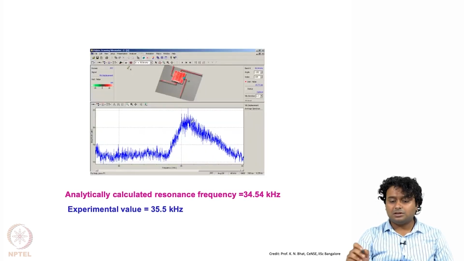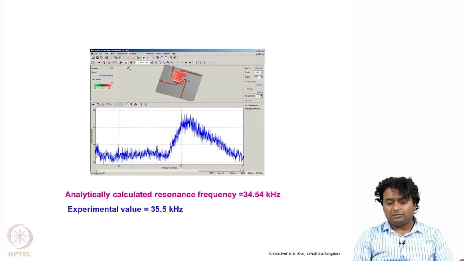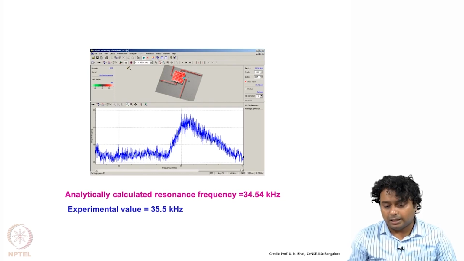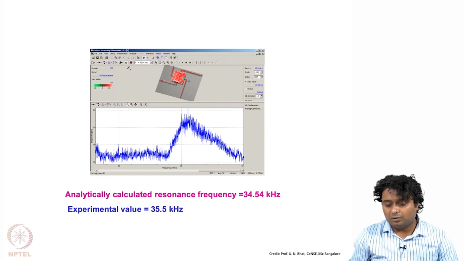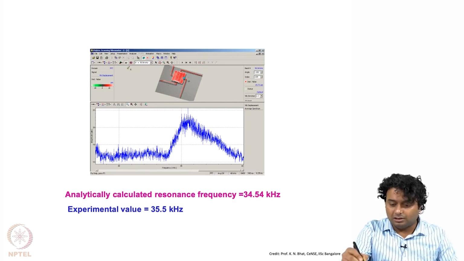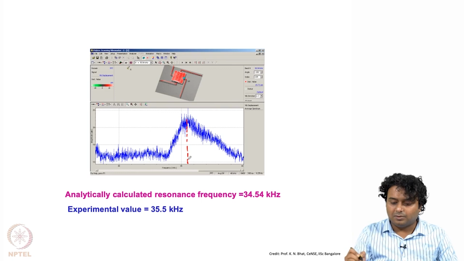If we see the frequency response, initially there is some amplitude which is much lesser, below 15, and as we switch the frequency it is almost the same, but after a certain frequency it starts increasing and reaches a maximum at this point, that is the 35.5 we got from the experiment. So this is the peak frequency where the amplitude is maximum. This is our resonance frequency, about 35.5.